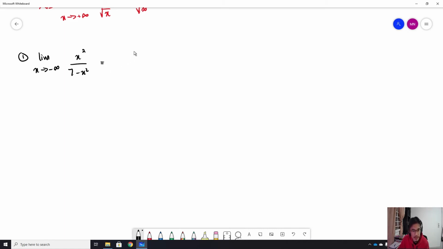So kalau kita substitute negative infinity square over 7 minus negative infinity square, so kita akan ada infinity over 7 minus infinity. So sini kita akan ada infinity over negative infinity. So ini tak boleh diterima. So just like yang kita buat factorization dengan asymptote tu, infinity over infinity ataupun 0 over 0 is not acceptable.